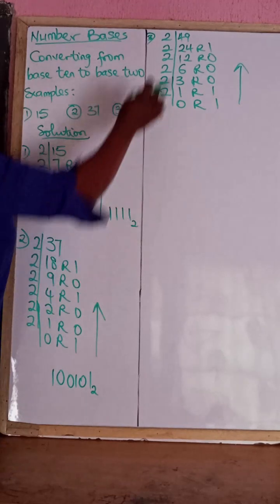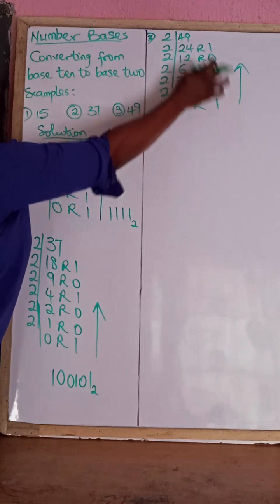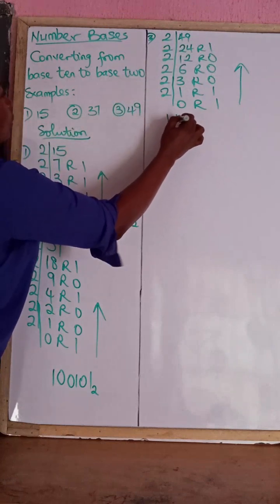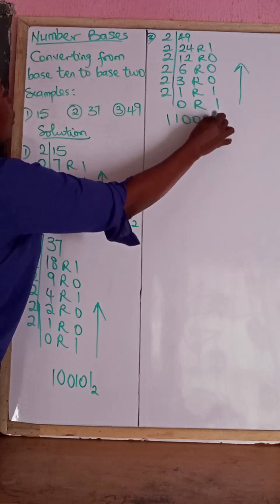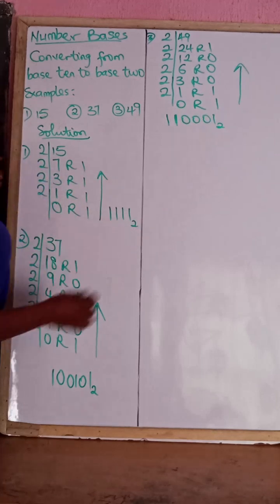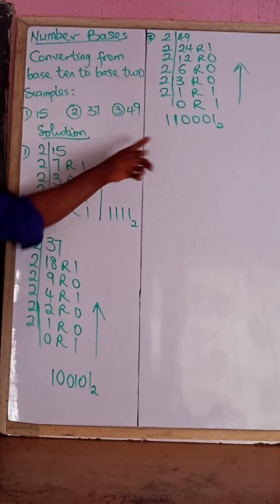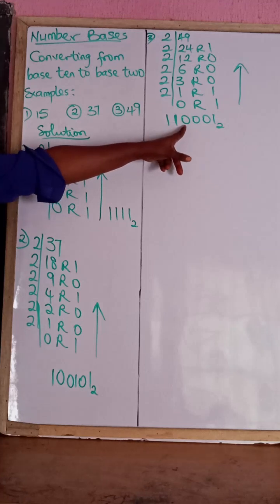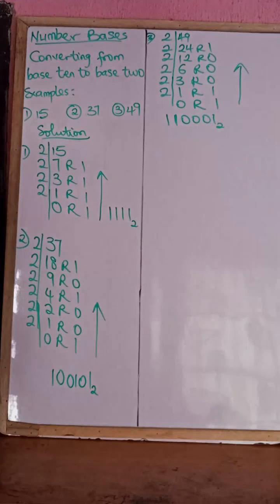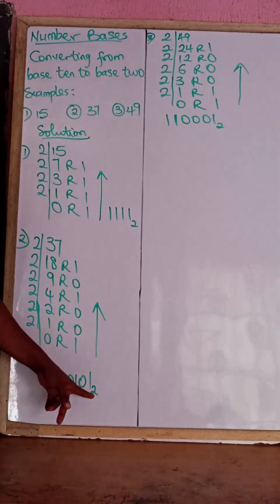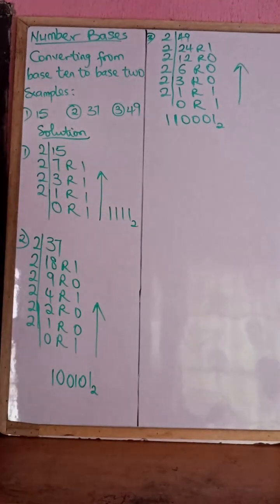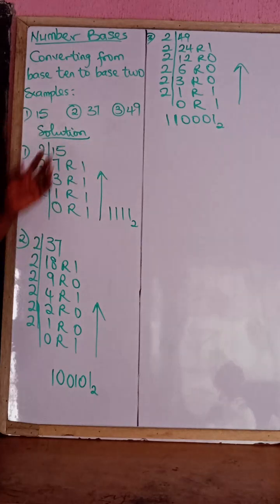Once again, don't pick from here downwards, pick from here upwards. So we have 110001 base 2. So what we're saying in effect is that 49 base 10 is equivalent to 110001 base 2. Please, once again, note how you write the base. Don't write the base on the same line with your answers.